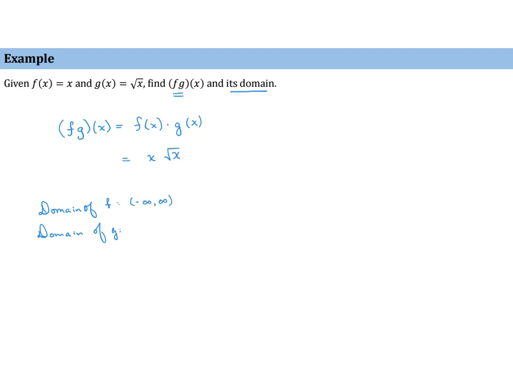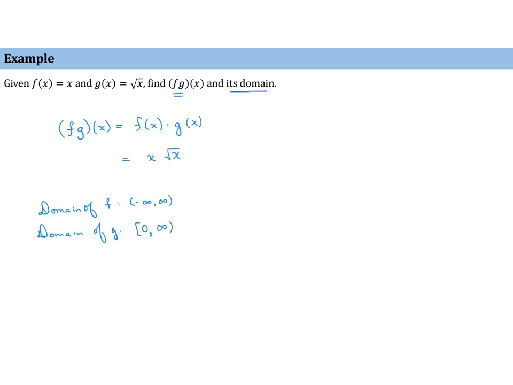But now, if we look at g of x, we are looking at the square root function. Well, if we're looking at the square root of a number, we can only take the square roots of those things that are non-negative. So we will be looking at 0 to infinity for the domain there.